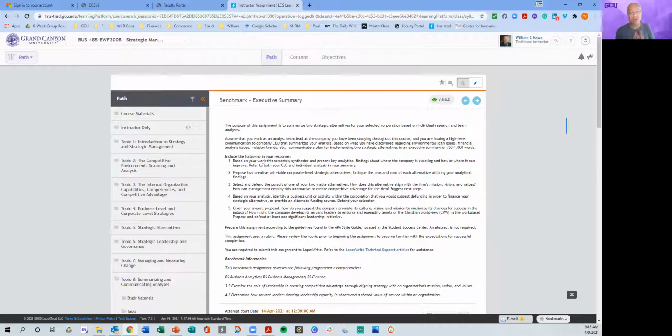So you need to summarize your two strategic alternatives for your selected corporation based on individual research and the group projects. Assume that you work as an analyst team at the company that you've been studying throughout this course, and you're issuing a high-level communication to the company CEO that summarizes your analysis.